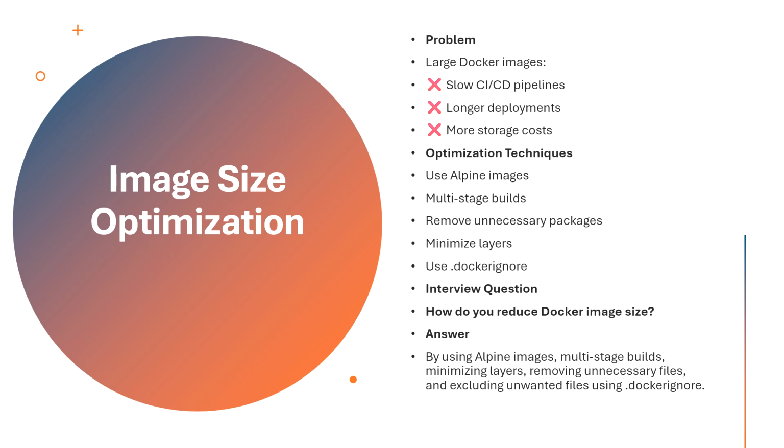The solution is simple. We use images which consume less size, like Alpine images. We introduce multi-stage builds, minimize the layers, remove unnecessary packages and files, and exclude unwanted files using dockerignore.